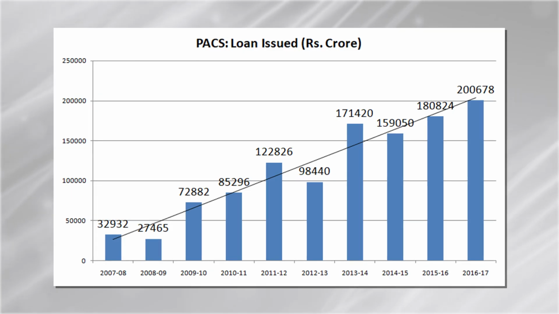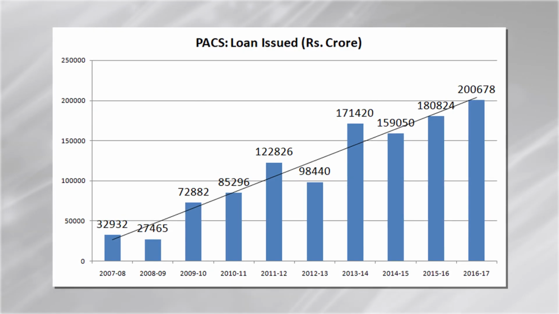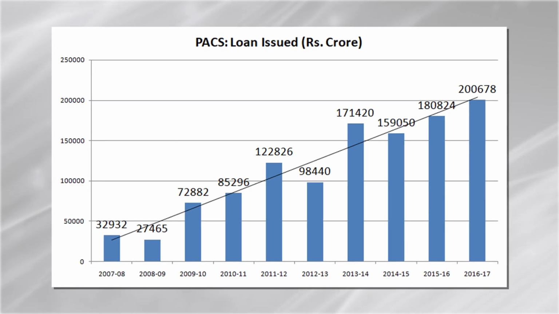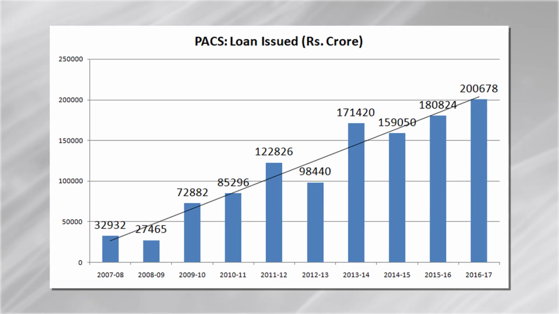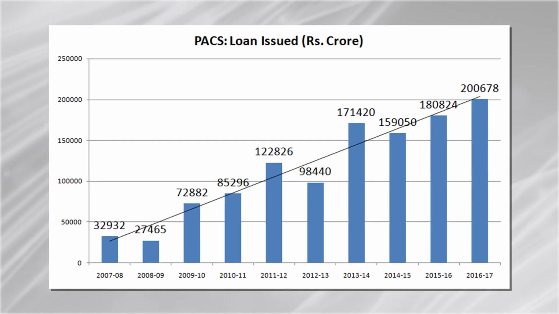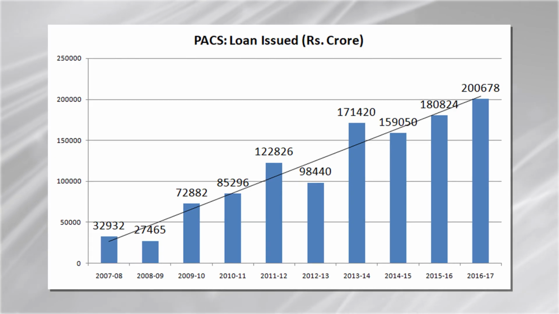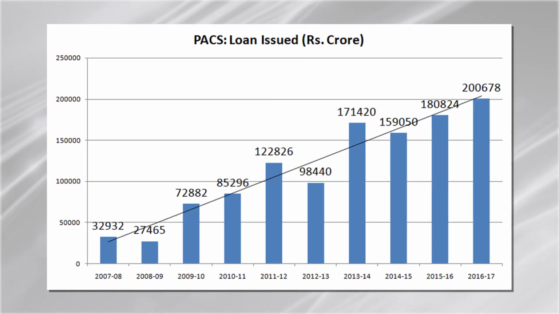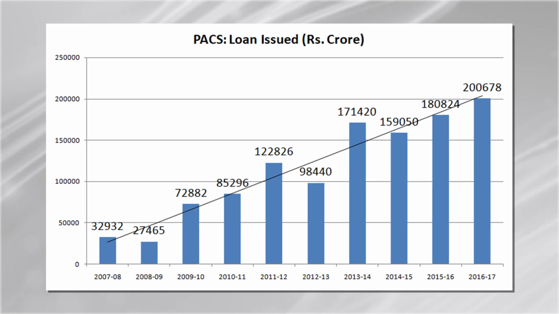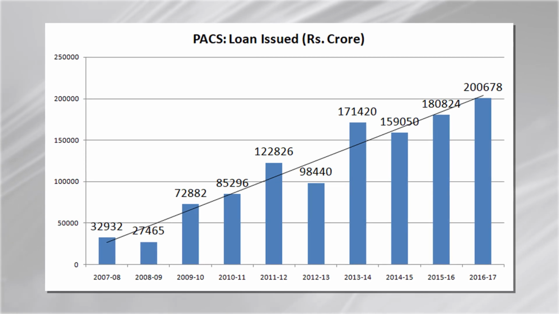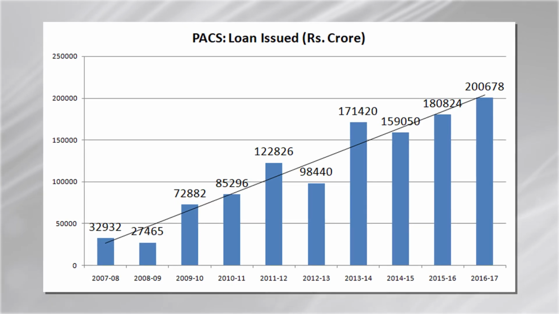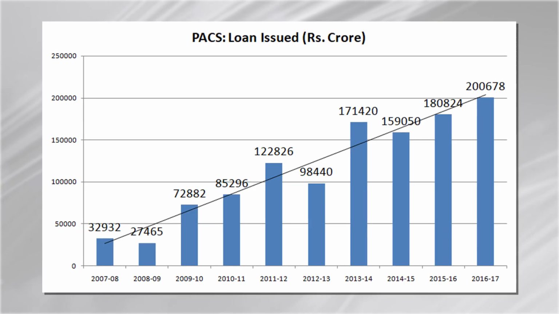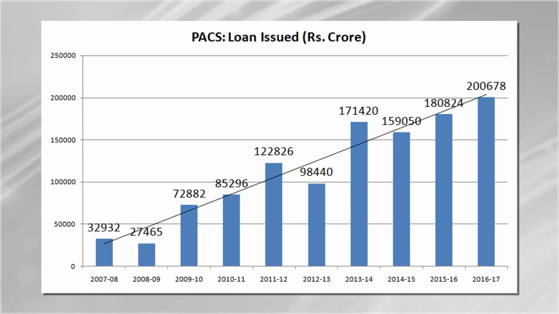Here you can see the amount which was issued by the primary agriculture credit cooperative societies, and the amount disbursed has increased substantially. In the year 2007, 32,932 crore rupees of loan was issued from the primary agricultural credit societies, and there is a continuous growth in the amount of the loan issued.